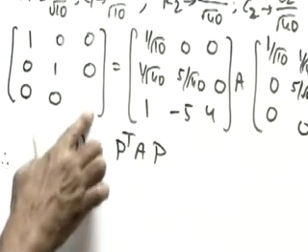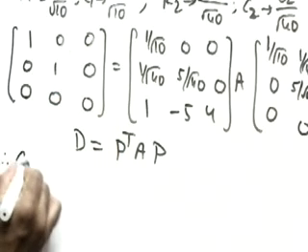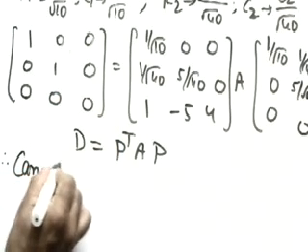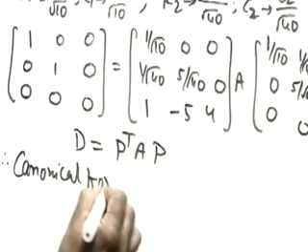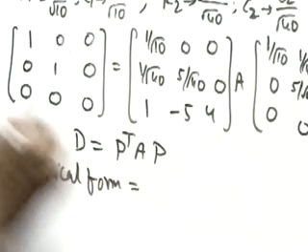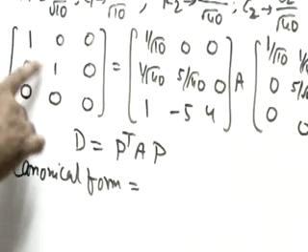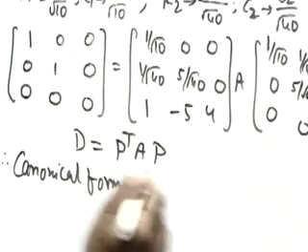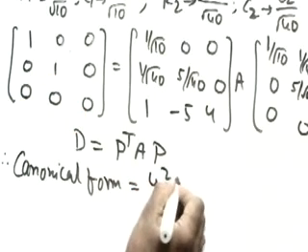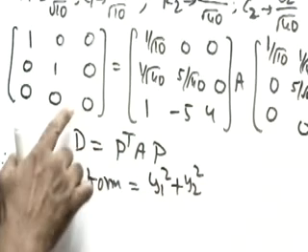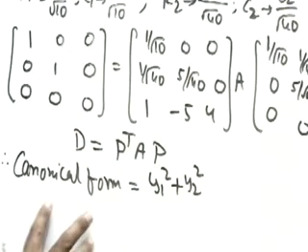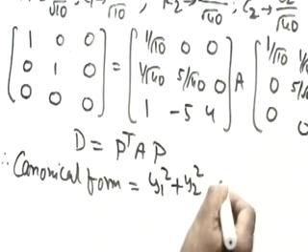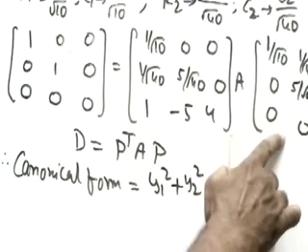Therefore, you see here some steps are there. First is the canonical form. Here we are having 0. Canonical form equals y1 square plus y2 square, and y3 square becomes 0, so leave this one. That is the first step. The second step is, what is P here?